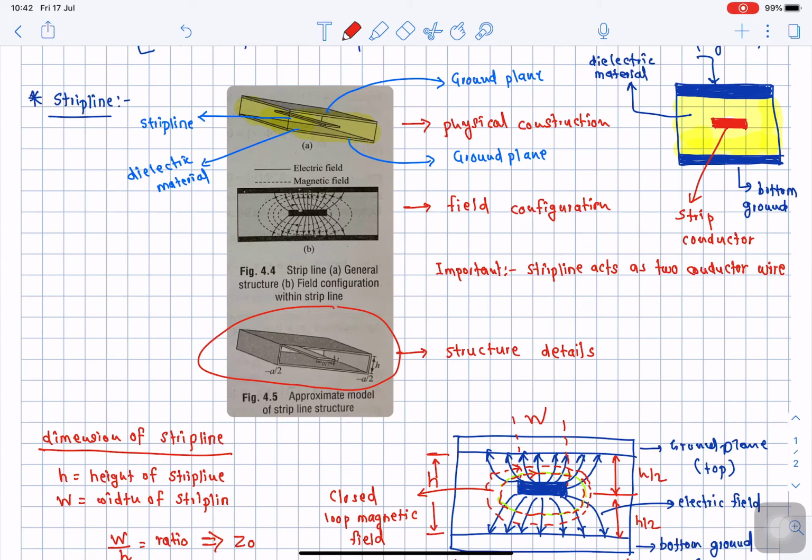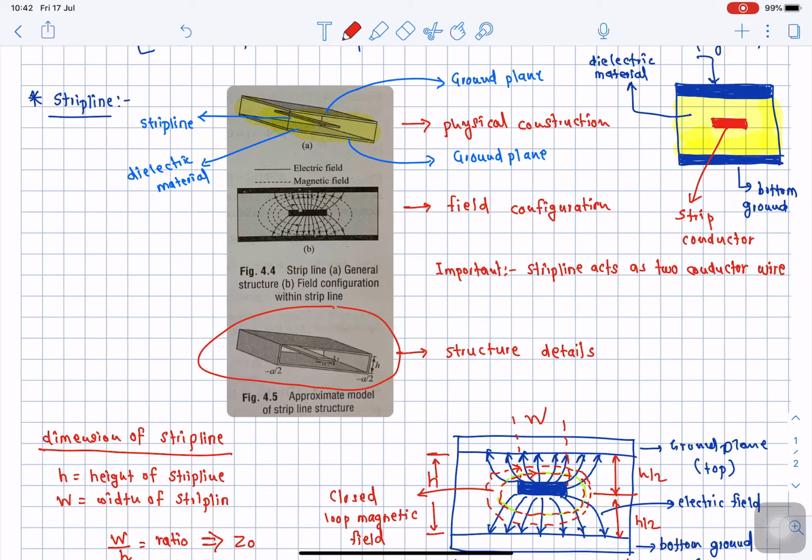The top plane and the bottom plane both are the ground, so we can assume it as the same, and the central conductor is separate, which is actually the microwave signal carrying conductor. So this construction essentially makes the strip line a two conductor wire, and we know that whenever a transmission line has two conductors, it will support pure transverse electromagnetic wave of propagation.